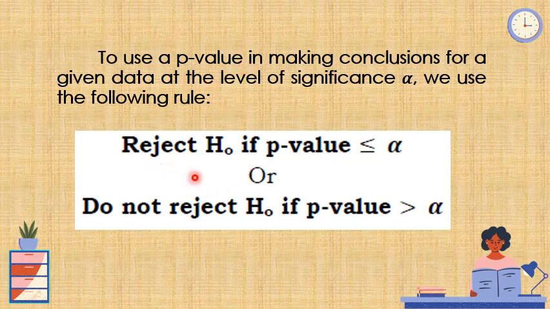The first one is to reject the null hypothesis if the p-value is less than or equal to alpha. Or, we do not reject or we accept the null hypothesis if the p-value is greater than alpha. If the p-value is less than or equal to alpha, reject the null hypothesis. If the p-value is greater than the alpha, we accept or we do not reject the null hypothesis.